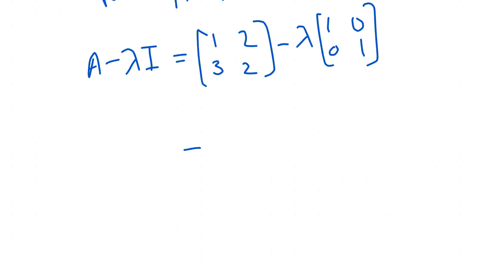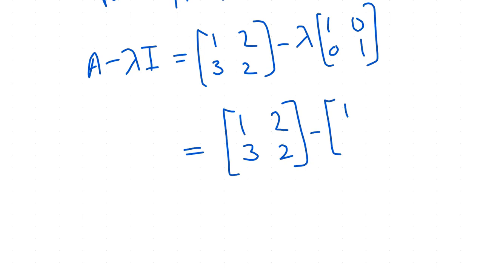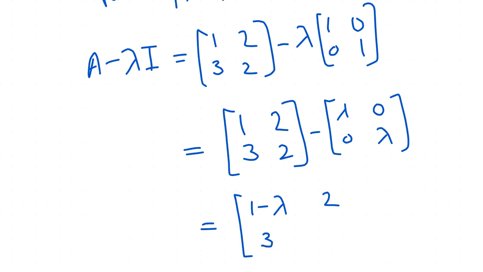[1, 2; 3, 2] minus lambda times [lambda, 0; 0, lambda], which gives [1 minus lambda, 2; 3, 2 minus lambda].